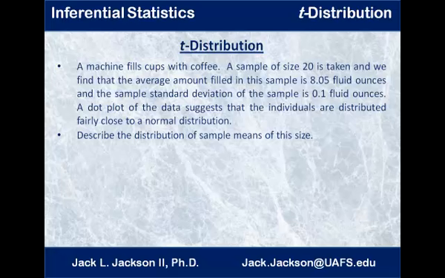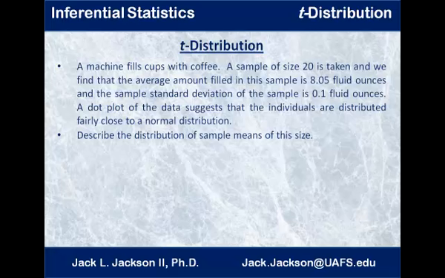Suppose we have a machine that fills cups with coffee, and a sample of size 20 is taken, and we find that the average amount filled in this sample of 20 is 8.05 fluid ounces. And the sample standard deviation of that sample is 0.1 fluid ounces. And let's also say that we plot our data on a dot plot, and it looks sort of like normal, at least fairly close, kind of humped up in the middle, tails off to the side.